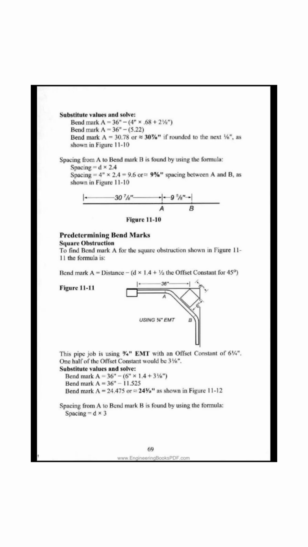Substitute values and solve. Bend mark A equals 36 inches minus (6 inches times 1.4 plus 3 1/8). Bend mark A equals 36 inches minus 11.525. Bend mark A equals 24.475, or 24 1/2, as shown in figure 11-12. Spacing from A to bend mark B is found by using the formula spacing equals D times 3.